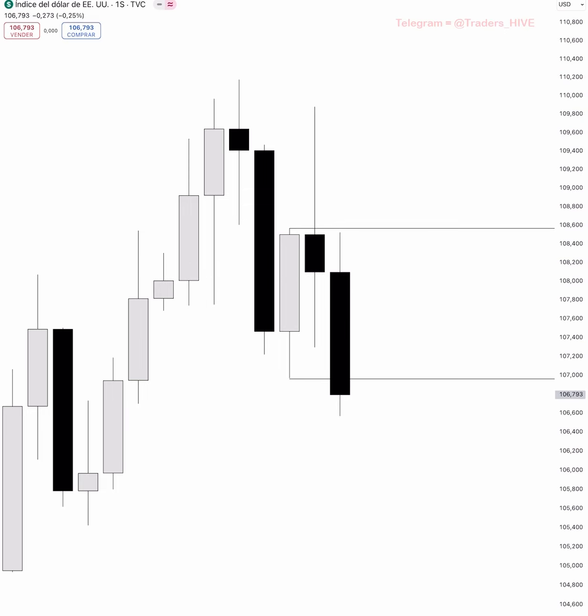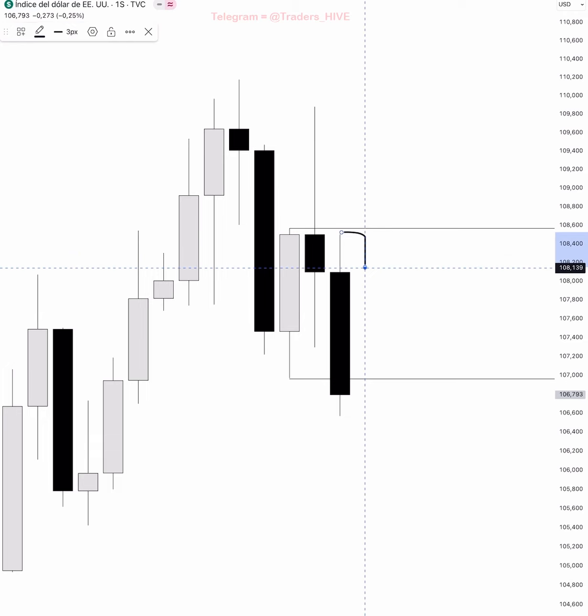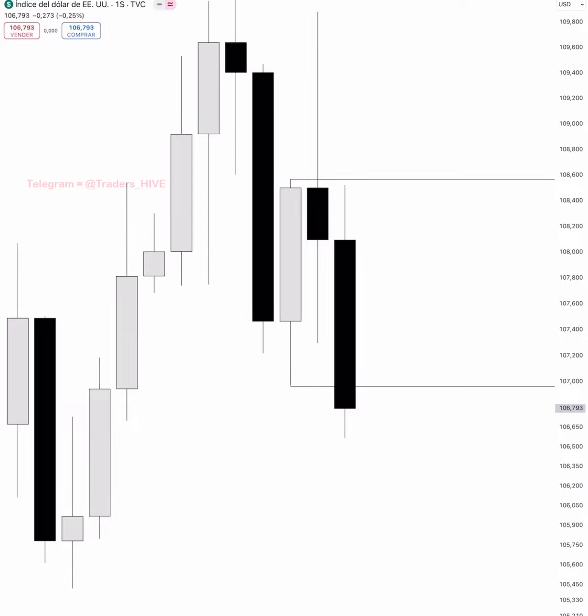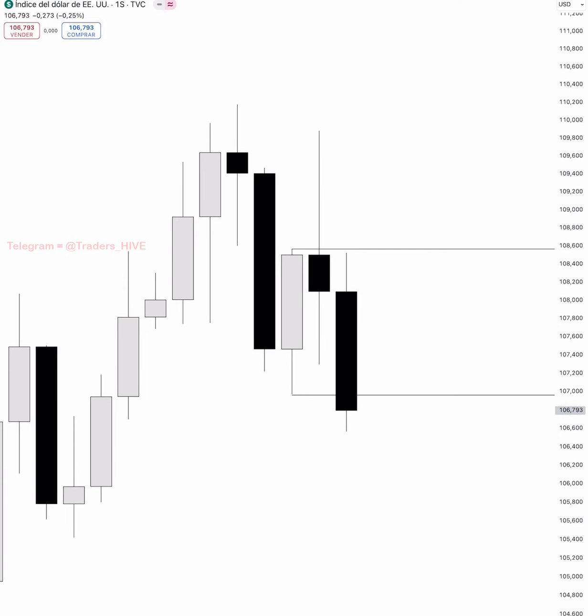Remember, I have this famous post which goes, you buy in the wick, that's a horrible drawing, you buy in the wick of the bearish candle you're expecting to dump, or vice versa, right?